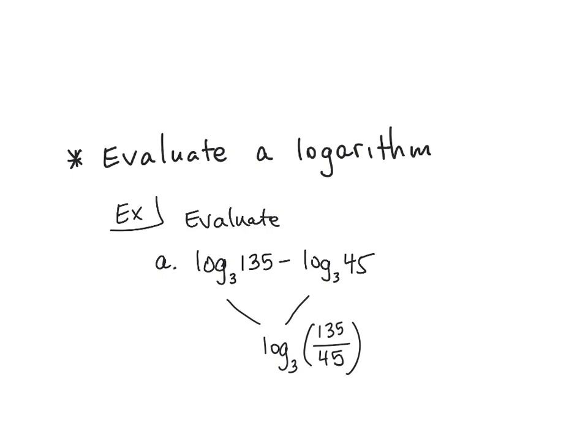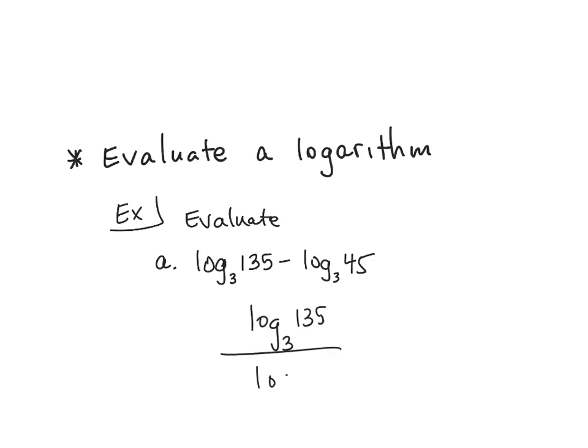One common mistake I see students make, let me go ahead and erase this, is recognizing that this forms a quotient, but forming the quotient incorrectly, meaning log base 3 of 135 divided by log base 3 of 45.